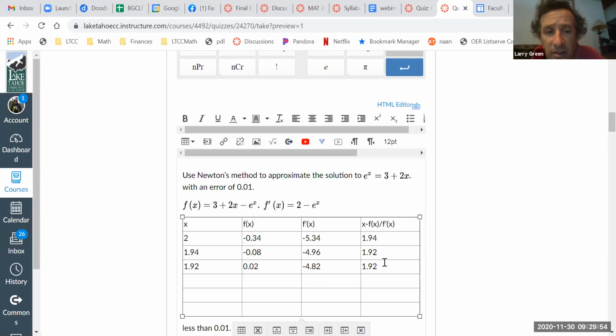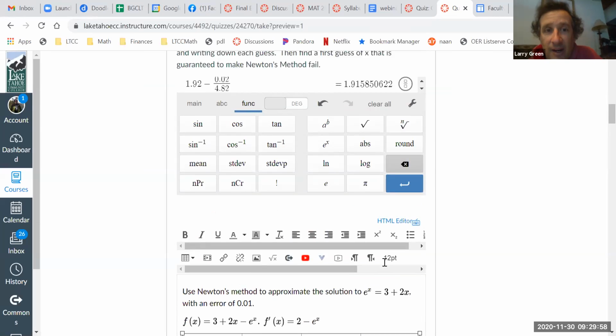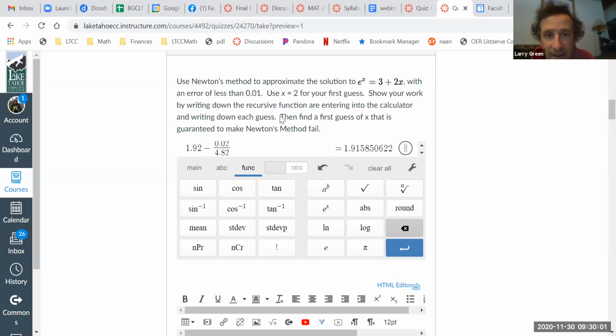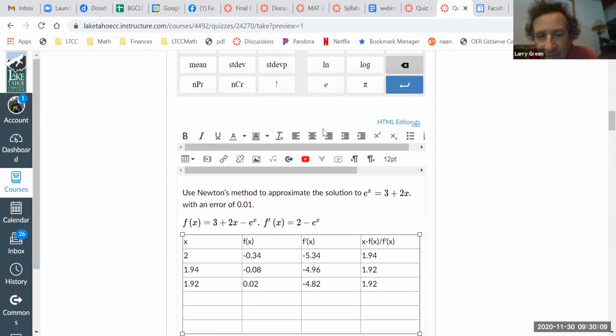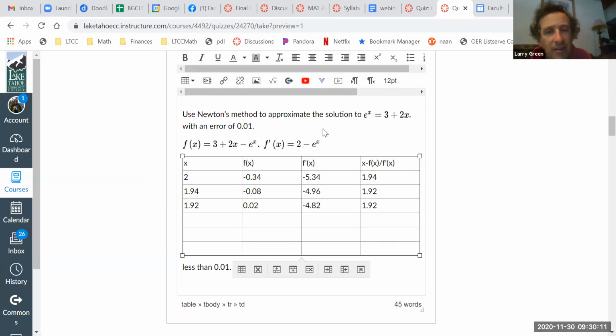Any questions on Newton's method, applying it? Okay, then we need to find a first guess of x that is guaranteed to make Newton's method fail. What is guaranteed to make Newton's method fail? The key is you look at Newton's method equation, which is x minus f over f prime. And what will make this fail?